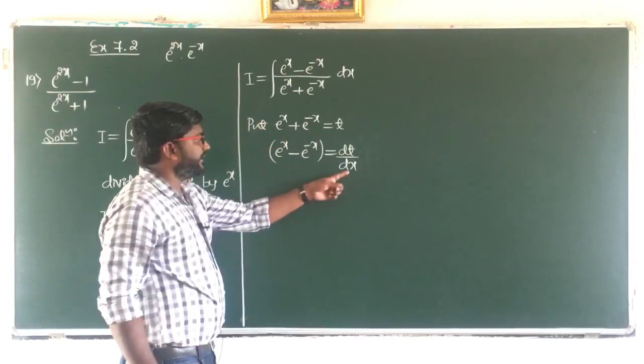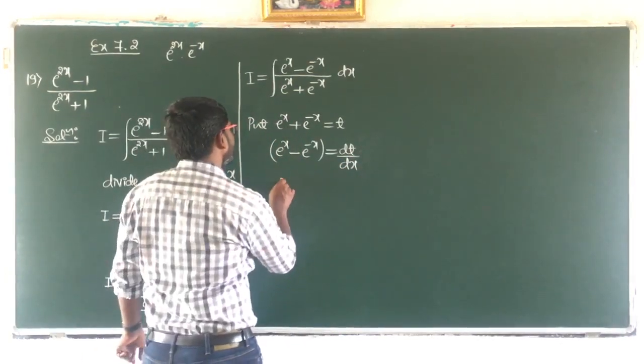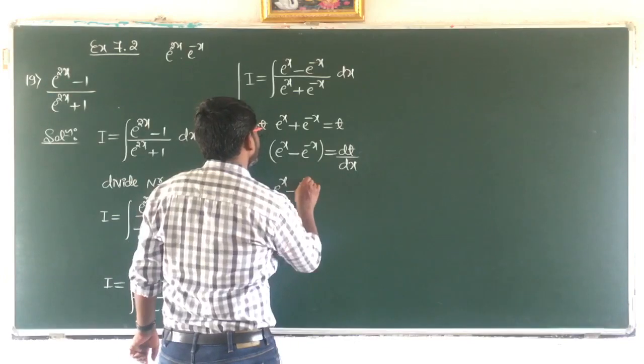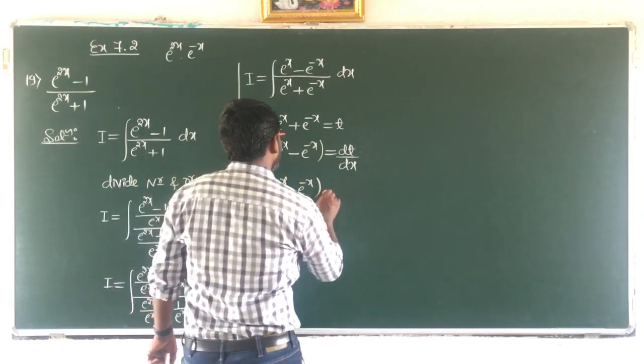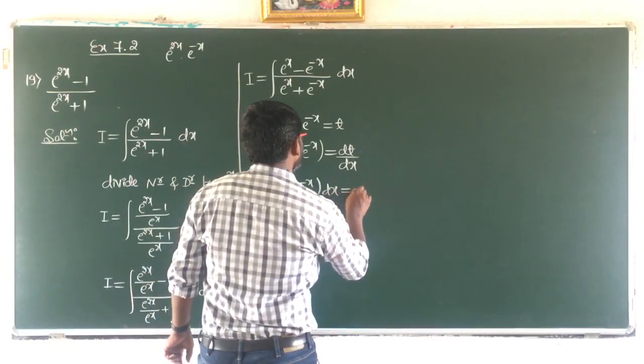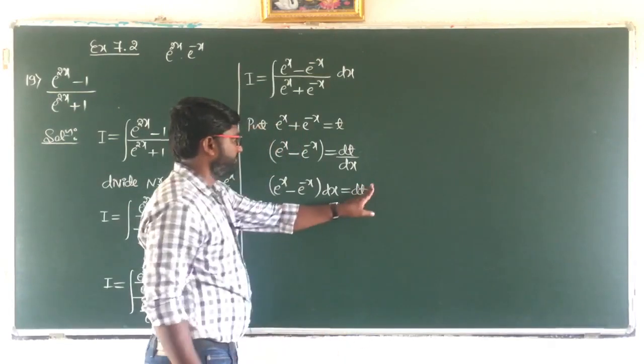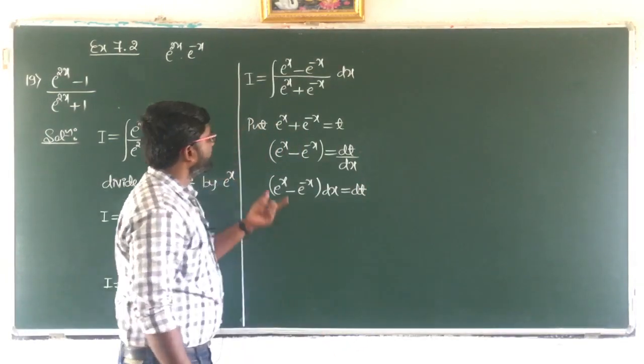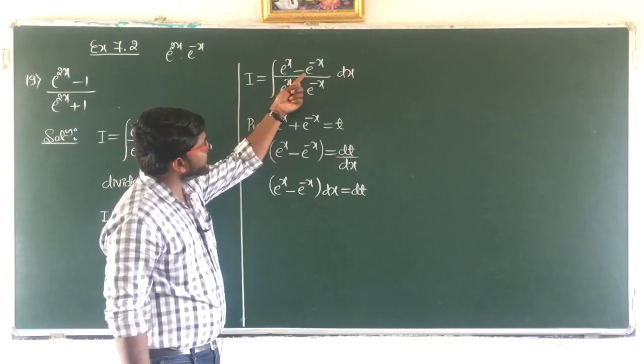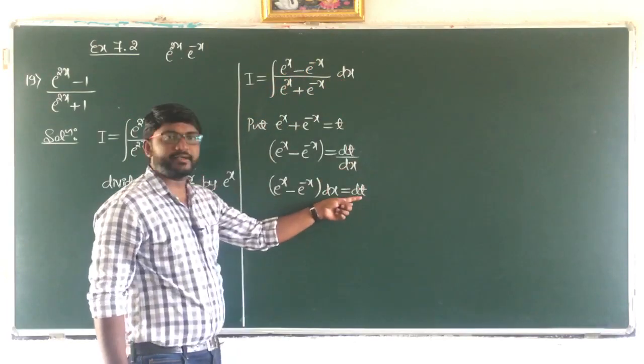Now take dx to the LHS, e raised to x minus e raised to minus x dx, which is equals to dt. So now see here e raised to x minus e raised to minus x dx will be dt.